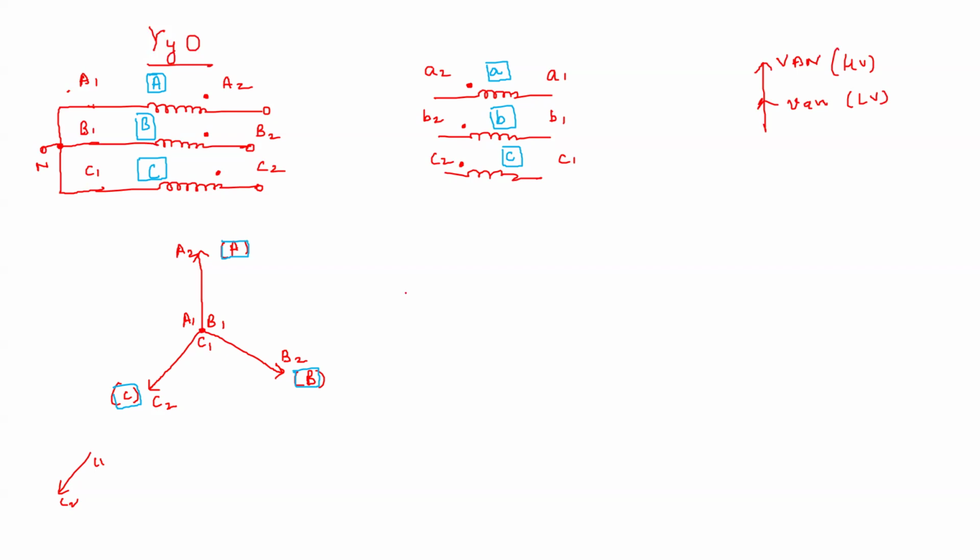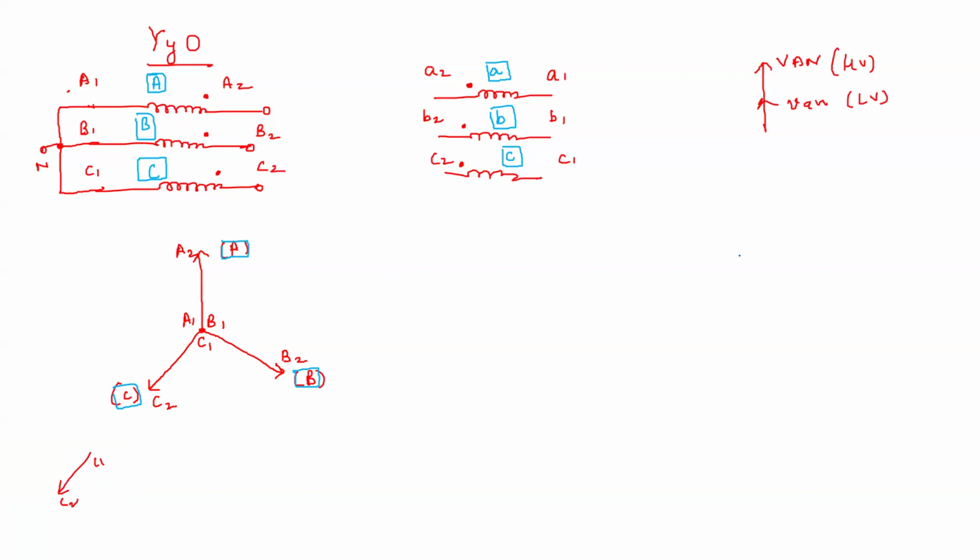Now, how to draw the vector diagram? Because this is a zero group, we will first draw the vector diagram, and from it we will decide whether to short on the A1, B1, C1 side or on the A2, B2, C2 side. For the zero group, this vector also has to be in phase.